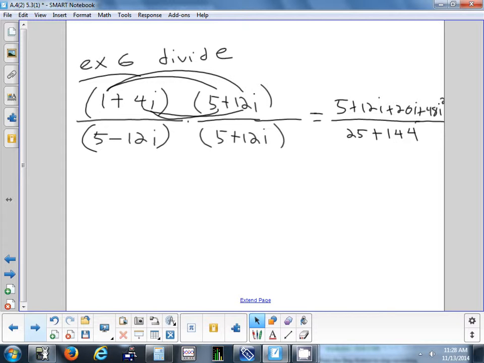All right. Let's simplify that denominator. 169. I'm going to combine the i's. So it's going to give me 5 plus 32i. And now, what's 48i squared? Negative 48.